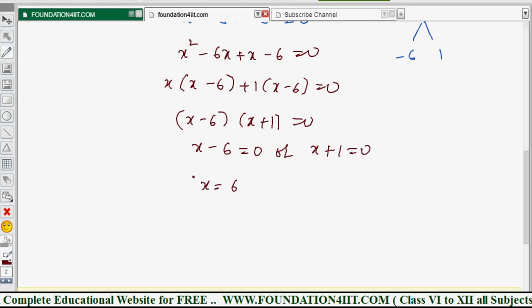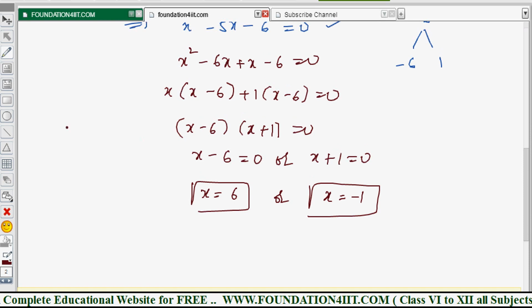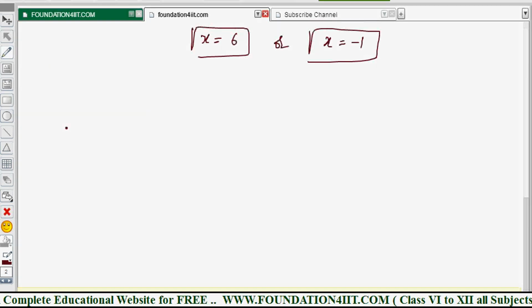So x is equal to 6 is one of the solutions, and x is equal to minus 1. Now these two are not necessarily roots of the given equation. We need to check first which is correct and which is wrong. So for that, let us check both.